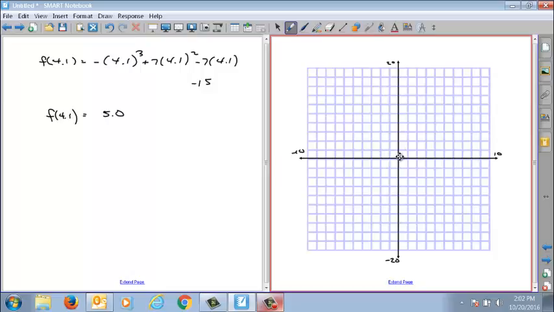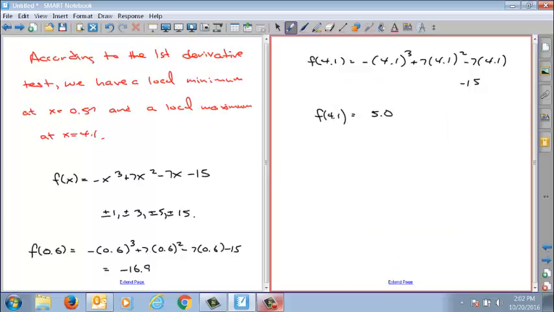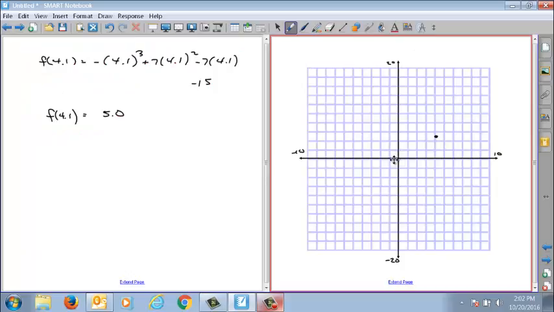So we get 4.1 and 5, so that's about right there. That's that point. And then we had 0.6 and negative 17, which would be about right there.